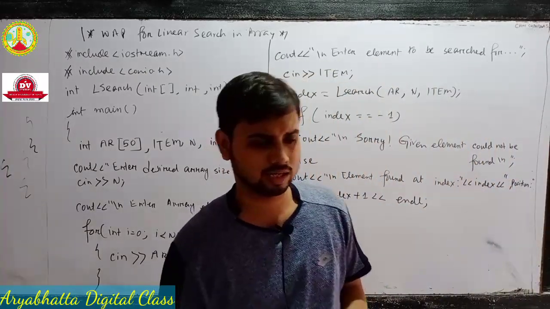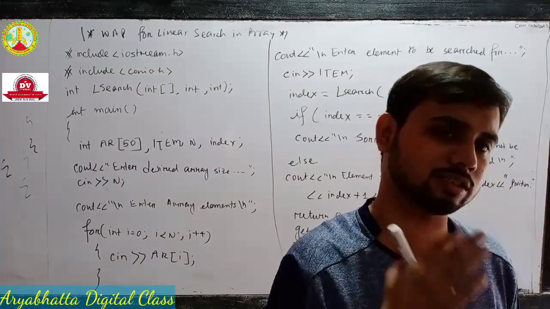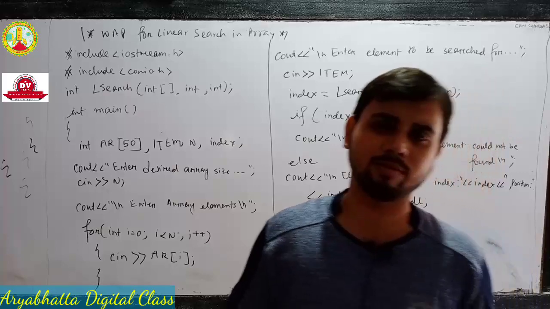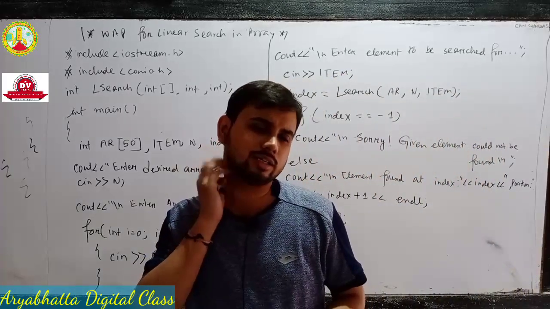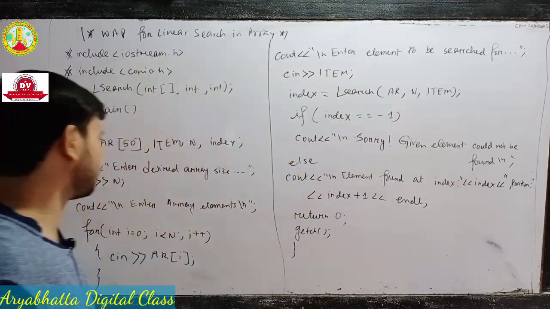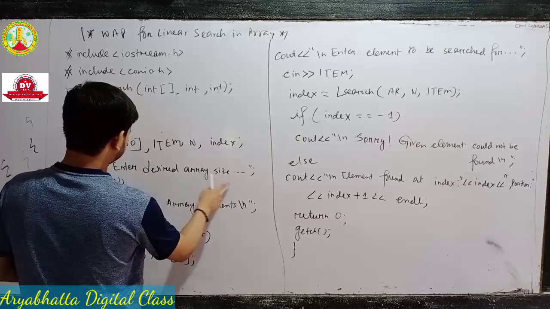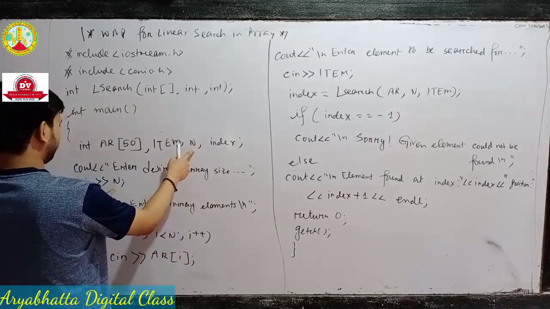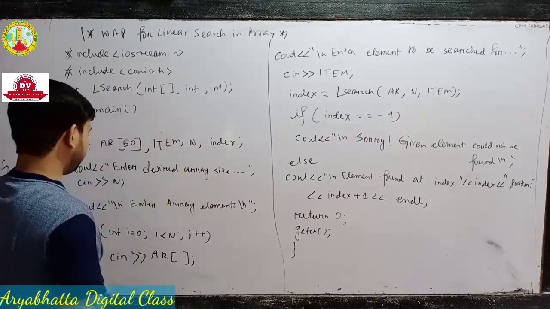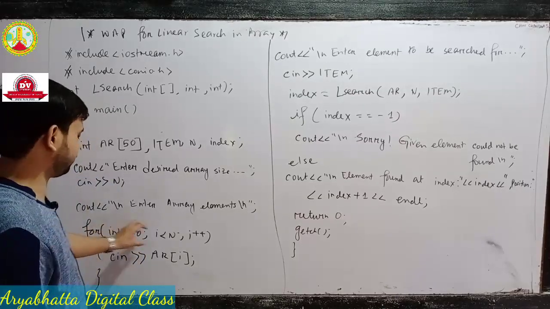Index is where the element is already present in the array. I show you the output also, don't worry. Enter desired array size, and the array size is in this variable n. Enter array elements, and the elements are read under this loop.